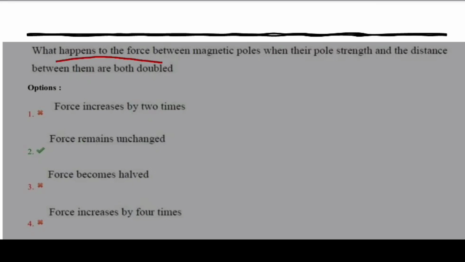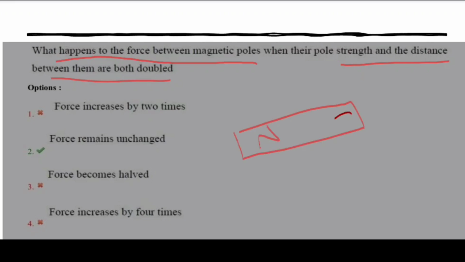What happens to the force between magnetic poles when their pole strength and the distance between them are both doubled? Suppose you take a bar magnet with a north pole and a south pole, and the distance between them is doubled and the pole strengths are also doubled. The options: force increased by 2 times, force remains unchanged, force becomes halved, force increased by 4 times.